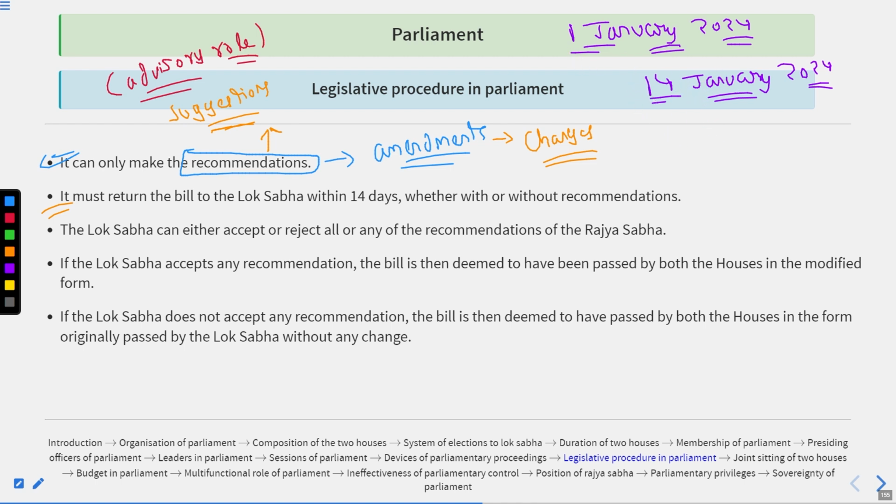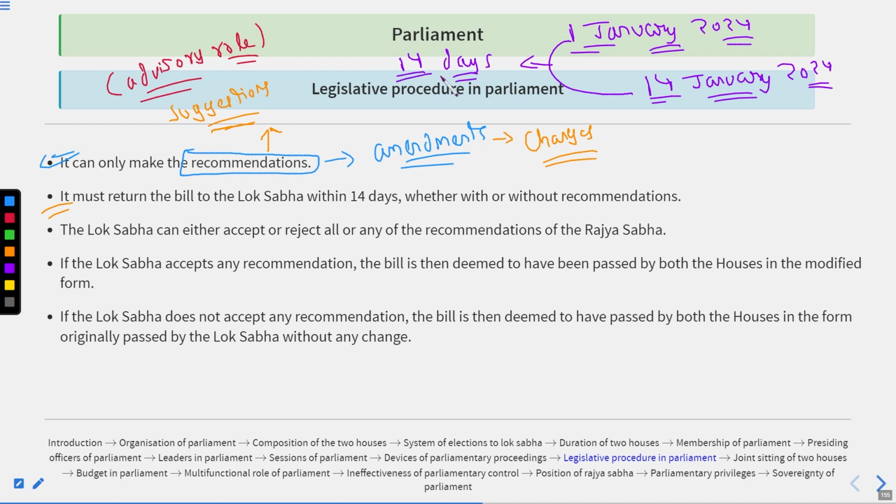It means that the liberty to hold the bill for up to 6 months is not possible in the case of a money bill. Okay, the maximum time period to discuss and hold is granted as 14 days.